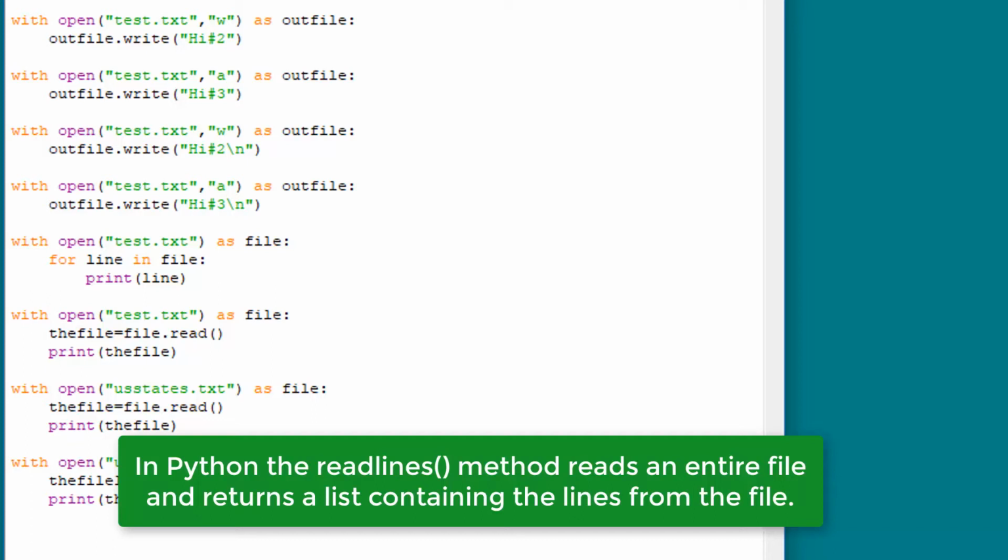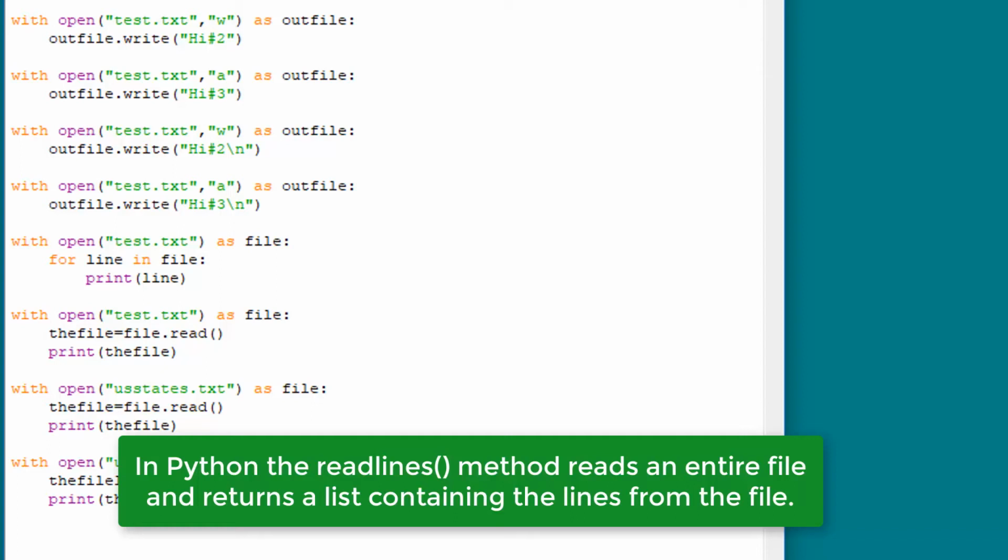Okay, the file list is going to be a list, and now that we know it's a list, let's say we grab the 8th line of that file, which would be the 8th state in the list, and we're just going to print that.